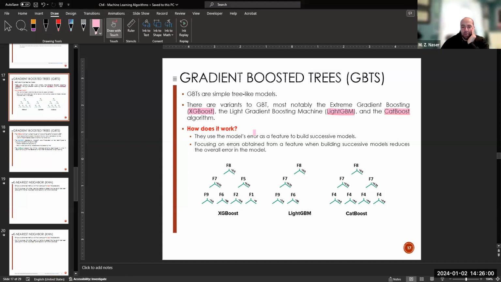So let's go back. We were talking about GBTs. So the goal is we have some data here. Let's say if it's more than 0.5, we go to the left. If it's less than that, we go to the right, and so on. So between XGBoost, LGBM, and CatBoost, these algorithms are a little bit similar, but they differ in a few things.